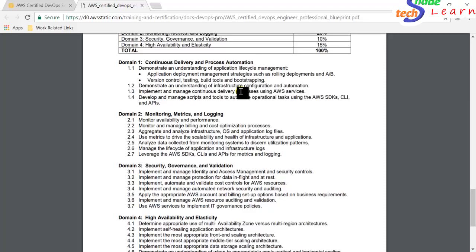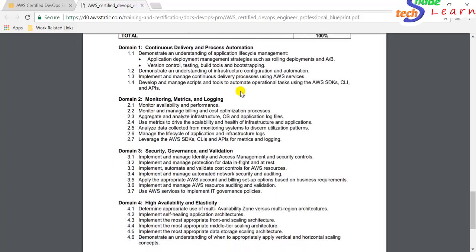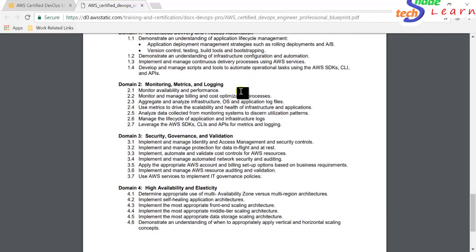Demonstrate an understanding of infrastructure configuration and automation, implement and manage continuous delivery processes using AWS services, and develop and manage scripts and tools to automate operational tasks using the AWS SDKs, CLI, and APIs.